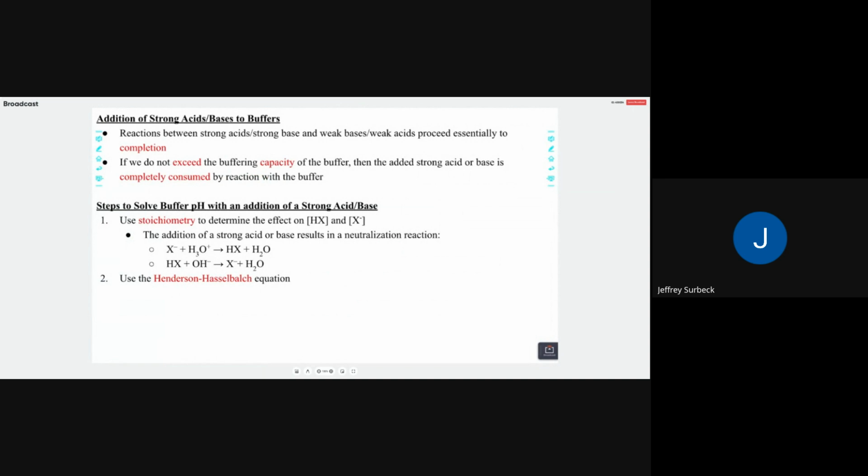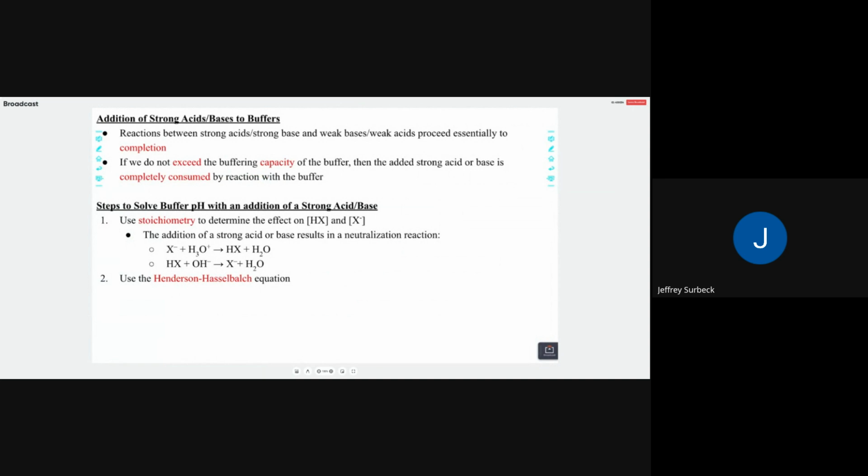The one thing I really don't like about how I formatted this is that if we add a strong acid to a buffer, not only is it going to affect the base concentration, but it also will affect the acid. So bottom line with this, and I don't have it written down, is that if we add a strong acid or strong base, it will affect both the acid and base that we have in our buffer.